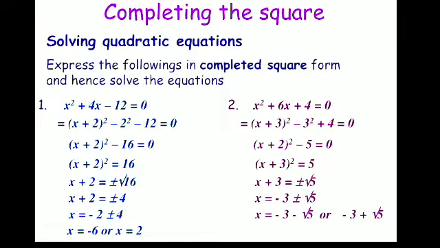So directly we have made it a perfect square, and by applying the a plus b whole squared formula, I got x equal to minus 6 or x equal to 2. In another problem, x squared plus 6x plus 4 equal to 0 can be changed into (x plus 3) whole squared minus 3 squared plus 4 equal to 0, (x plus 3) whole squared minus 5 equal to 0. Thus you get x equal to minus 3 minus root 5 or minus 3 plus root 5.